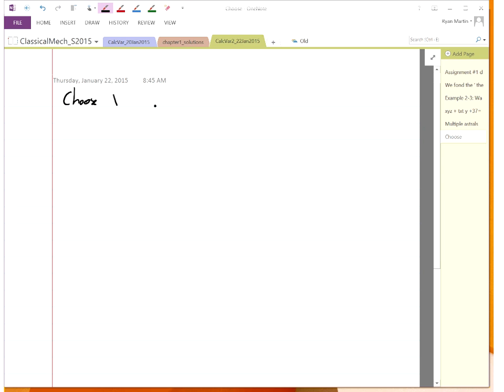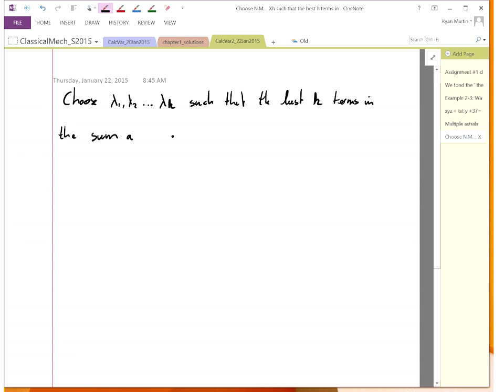So we choose lambda 1, lambda 2, all the way to lambda k, such that the last k terms in the sum are equal to 0. So let me write the last term in the sum. The last term in the sum is the nth term, since the sum goes from i equals 1 to n.